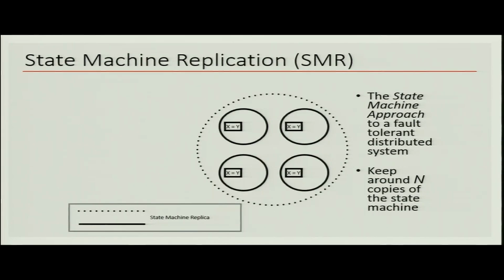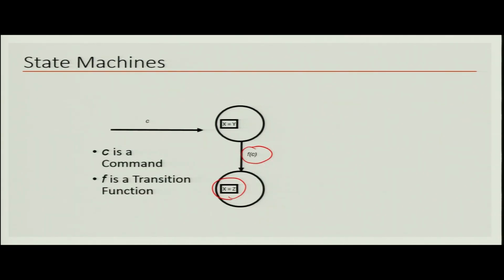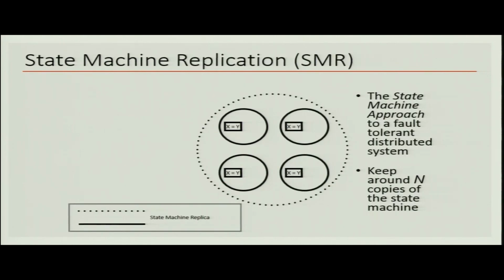So, now suppose we have this situation. In the earlier picture you saw that we have only one server and it is changing state. So, this is a state machine. Now, let us say you have 4 state machines and they are replicating each other, which means they must always have the same transition, unless one or more of them have failed, obviously then they cannot do any transition.